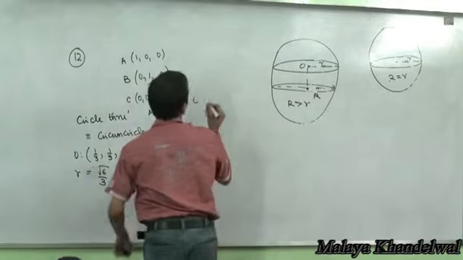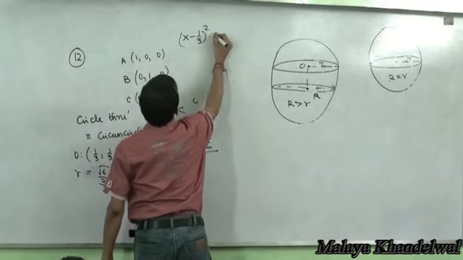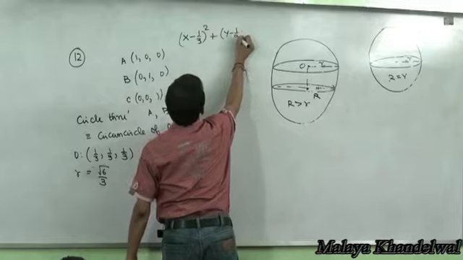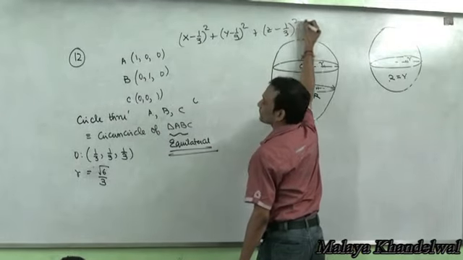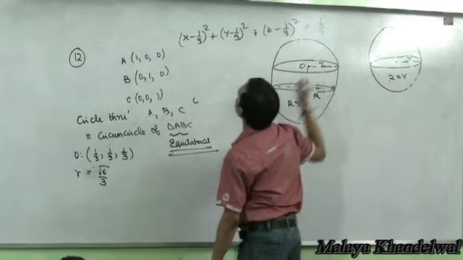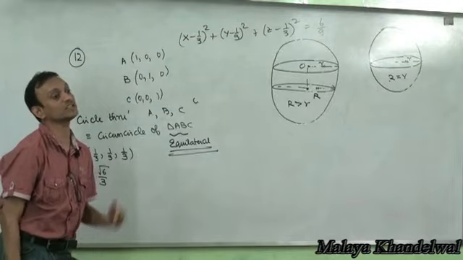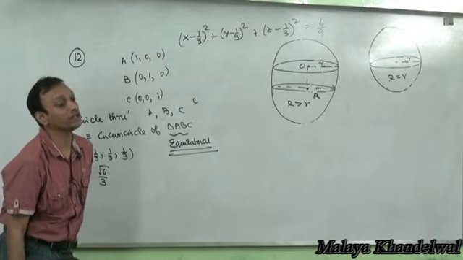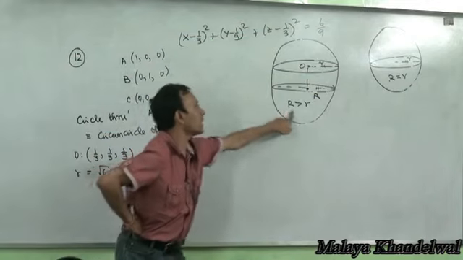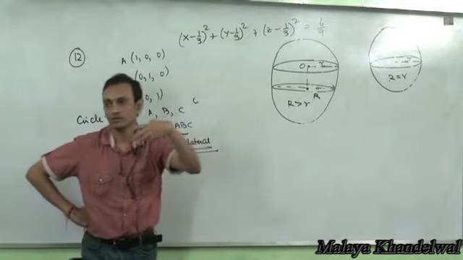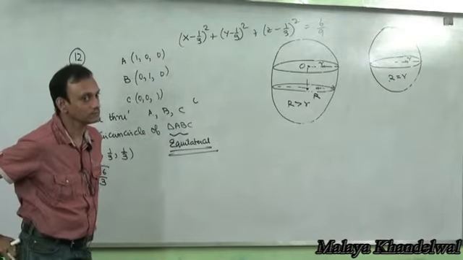The equation of that sphere is going to be (x minus 1/3) whole square plus (y minus 1/3) whole square plus (z minus 1/3) whole square equals 6/9. That's the sphere of the smallest radius. Any other sphere passing through this circle would have a radius larger than this. Got me?